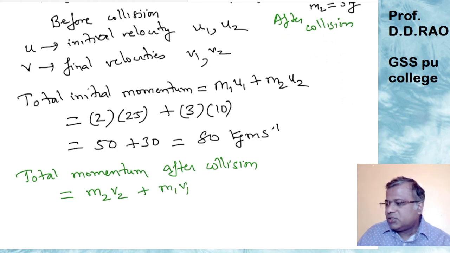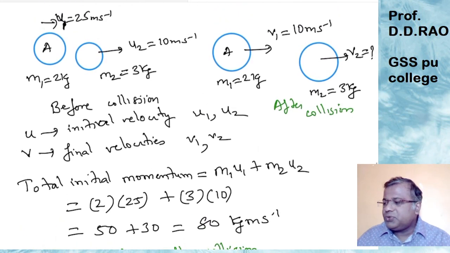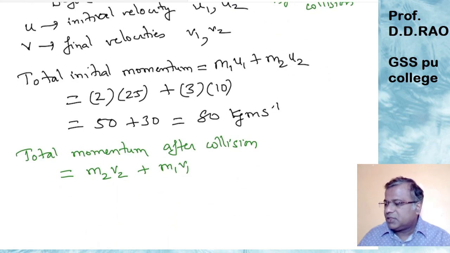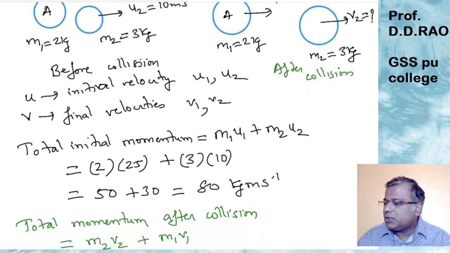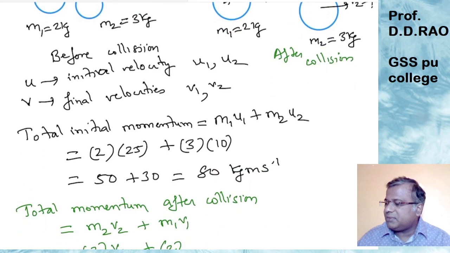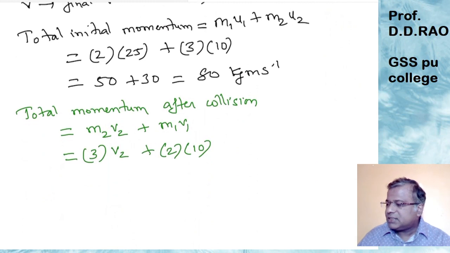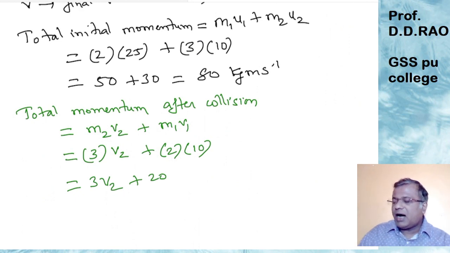If you see the question, m1 was 2 kg, velocity was 10. m2 is 3 kg, velocity I don't know. So it means it is 3 v2 plus 20. This is the total momentum after collision.